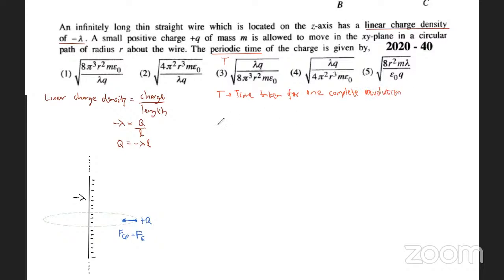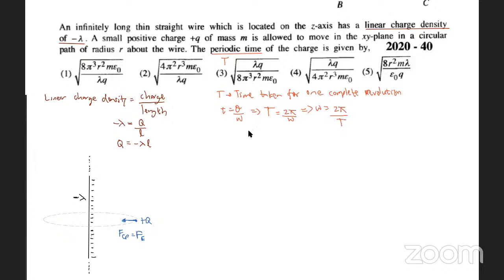Time is equal to angular displacement over angular velocity. For time, when you put capital T, during one complete rotation, theta is 2 pi, divided by omega. So instead of omega, you can use the equation 2 pi over capital T, because we will be using omega in the centripetal force equation.